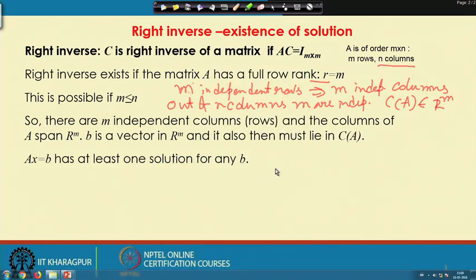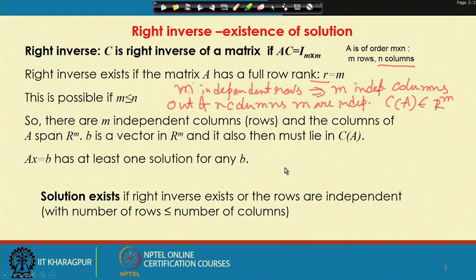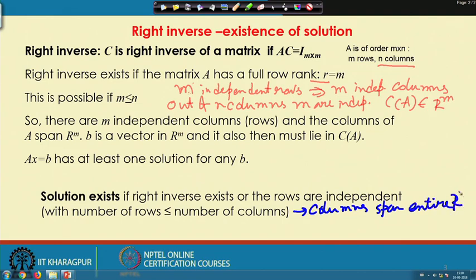Therefore, the existence of a right inverse ensures that a solution exists, if the right inverse exists or the rows are independent, and this is in the case that the number of rows is less than or equal to the number of columns. And we can say that this is due to the fact that the columns span the entire R m.